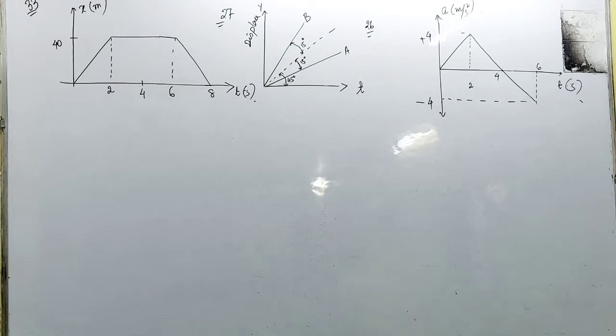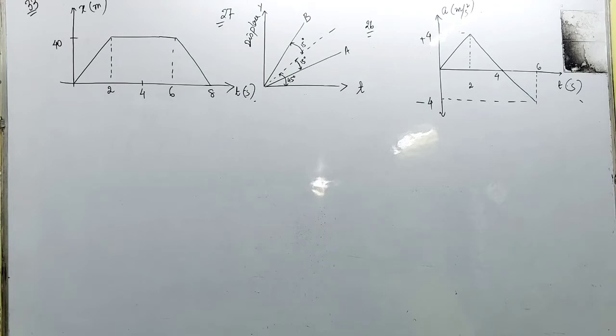For question number 26, mark the area for the acceleration time graph shown in the figure, the velocity of the particle from t equal to 0 to t equal to 6 seconds.